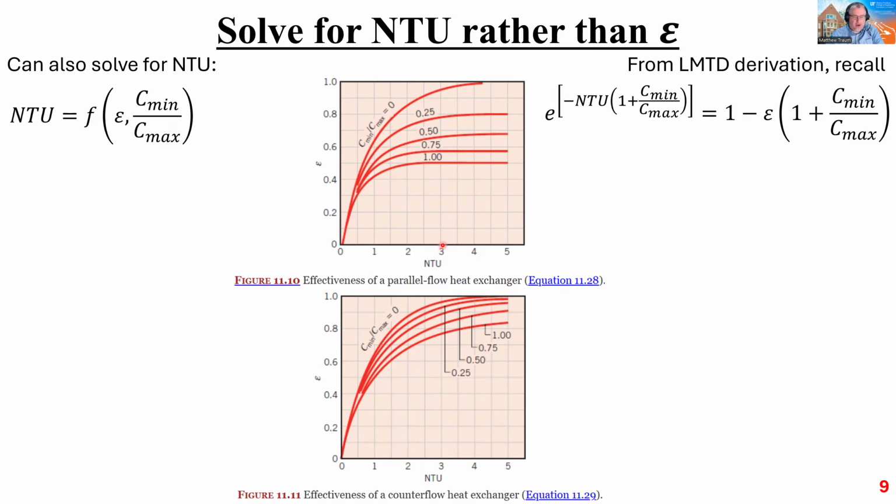If I go to 3 and up to 1 and read across, I'm at an effectiveness of 0.5 for parallel flow. And if I'm at 3 and read up to 1 and then read over, I'm at about 0.75 for counterflow. So yes, you can see it visually. This curve is higher up on the effectiveness scale than this curve is.